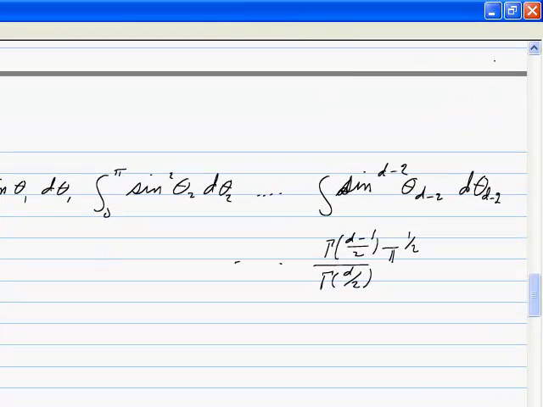So let's do that. And we come down here. We've got a lot of stuff in between here. This guy becomes, oh, what is it? So let's see. D would be like 4, so 4 minus 1 is 3. So it's gamma of 3/2 over gamma of 4/2. This one is like d equal to 3.